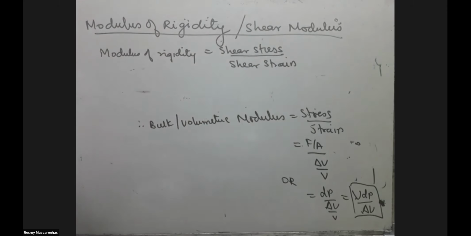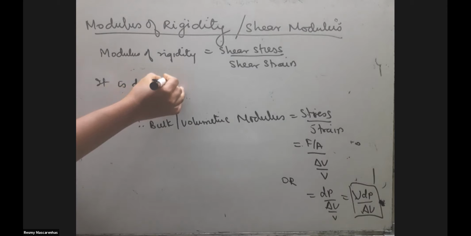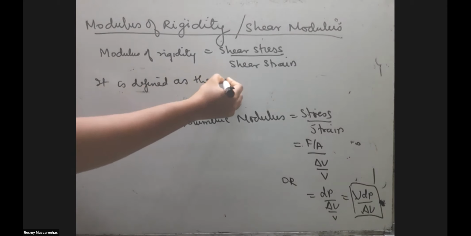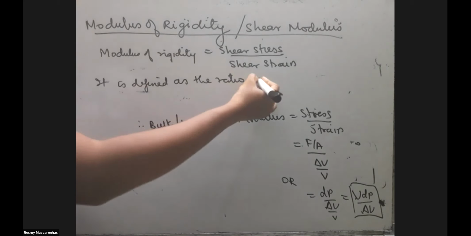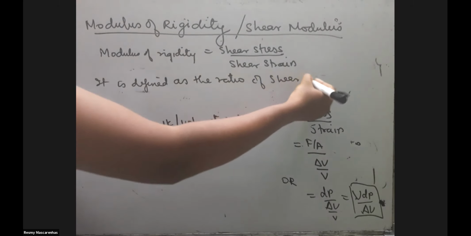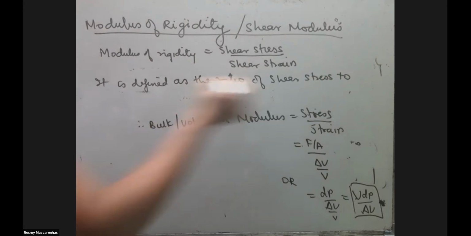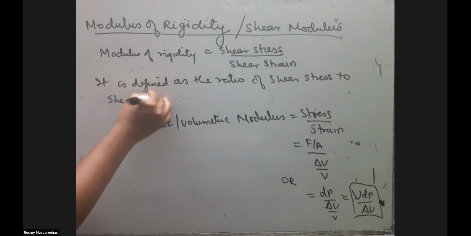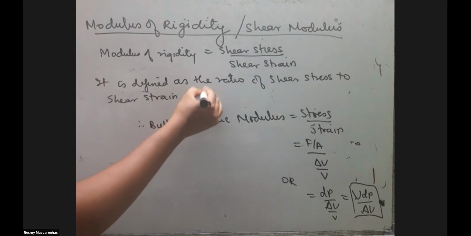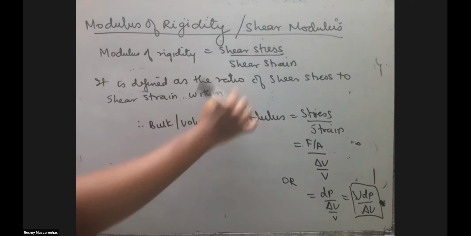It is nothing but shear stress upon shear strain. If anybody asks you to define it, it is simple. You just have to write the ratio. It is defined as the ratio of shear stress to shear strain within elastic limit. This is the only extra phrase you have to add to the formula.